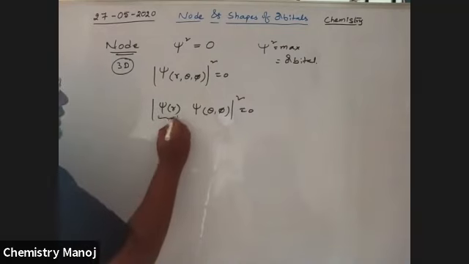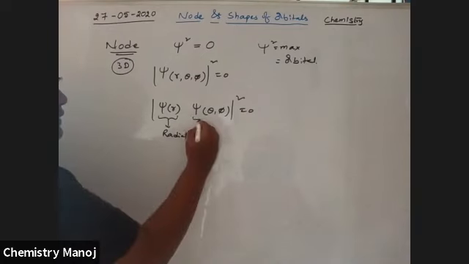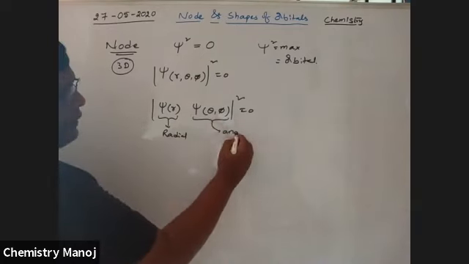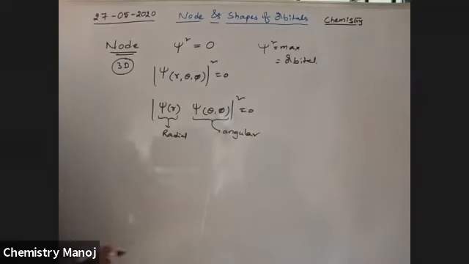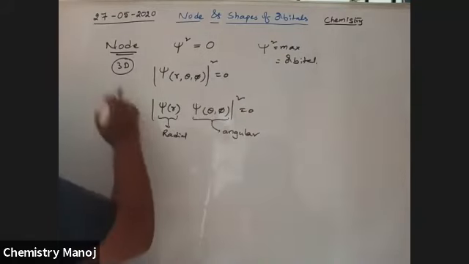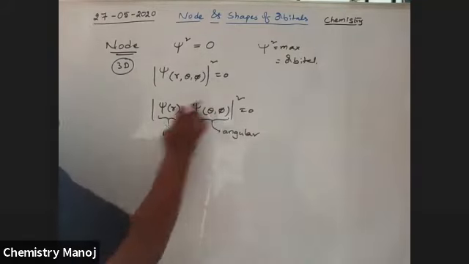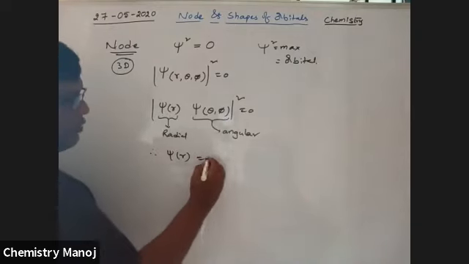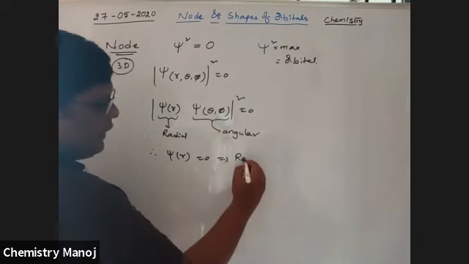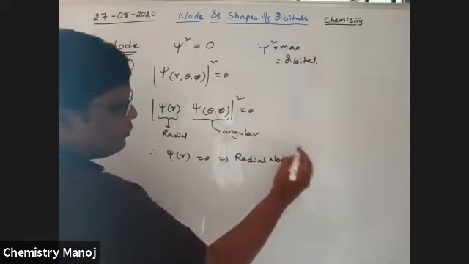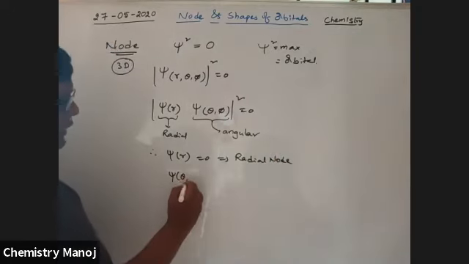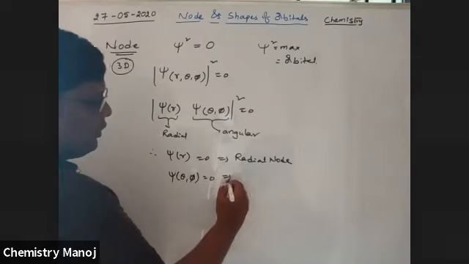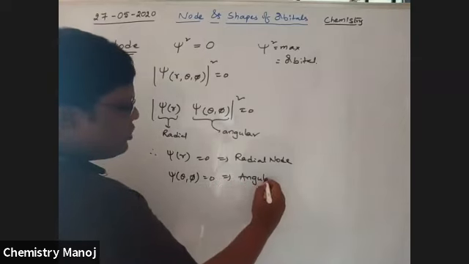This part is called the radial part, and this is taken as the angular part. So if this entire part equals zero, that is taken as a node. If this one is zero, automatically the psi function is also equal to zero. Therefore, if psi r is equal to zero, that is taken as a radial node. Or if psi theta phi, the angular part, is equal to zero, it is called an angular node.